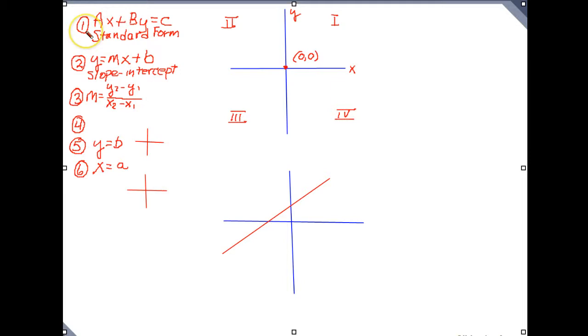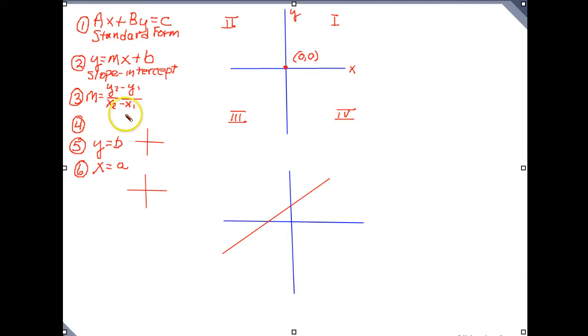I'm going to call Formula 1 the standard form of the linear equation in two variables, x and y. I'm going to call Formula 2 the slope-intercept formula, where m is the slope and b is your y-intercept. It's where a line will cross the y-axis.